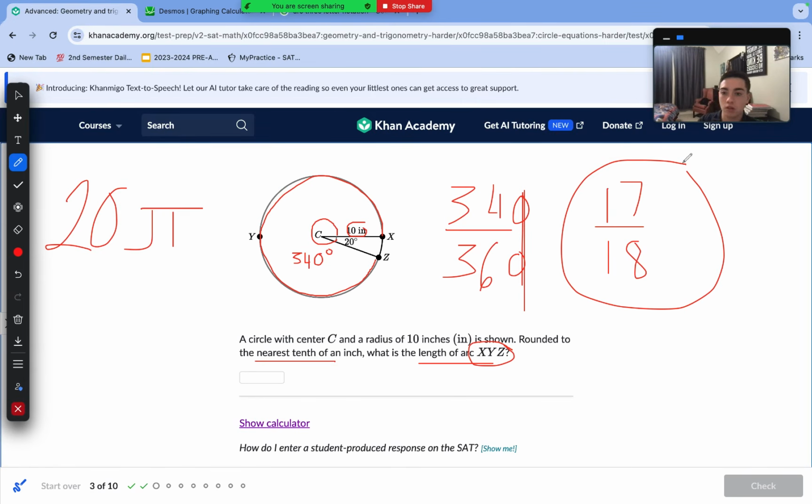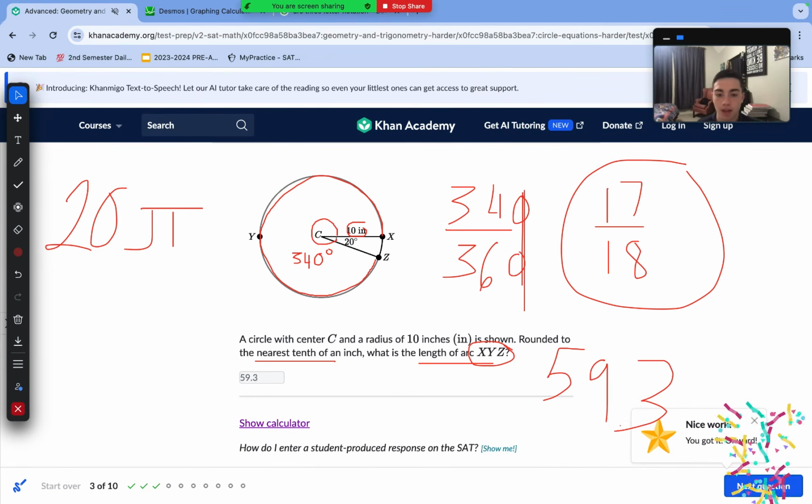So we're going to do 20 pi times 17 over 18. And that is equal to 59.34, which rounded to the nearest tenth is 59.3. So 59.3 is our answer here.